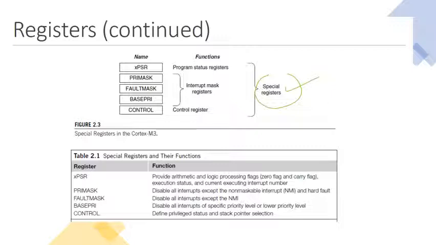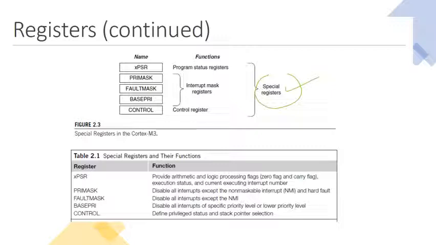As I told, PRIMASK, FAULTMASK, and BASEPRI are used to mask certain interrupts. The interrupt which can be masked using PRIMASK is the hard fault. Using FAULTMASK, you can mask all the interrupts, except NMI.